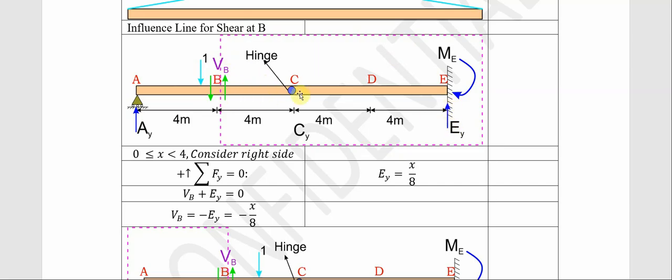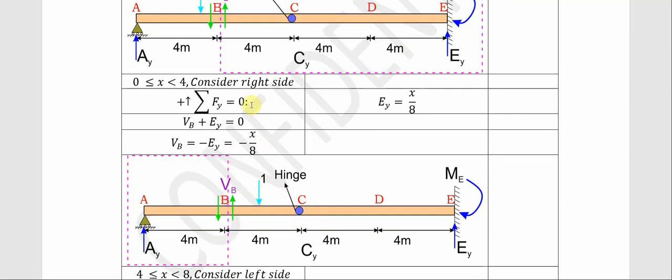So VB plus EY should be equal to 0. Since we already calculated our EY in the first instance to be S over 8, if we put the value of EY there, VB equals negative of EY. That is, if EY is pointing like this, our VB is supposed to act downward to have equilibrium. So we have minus S over 8.